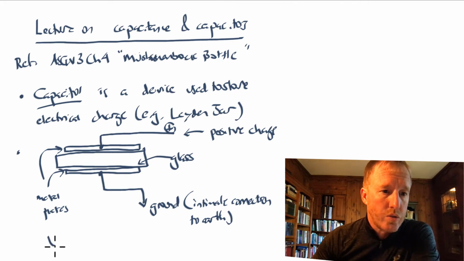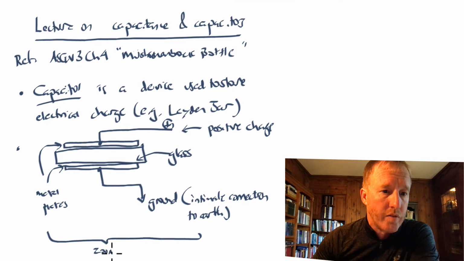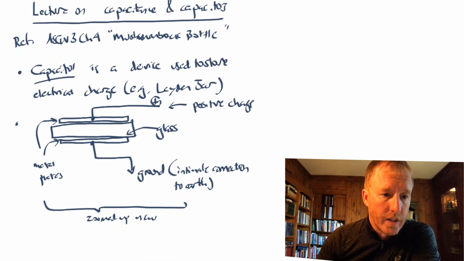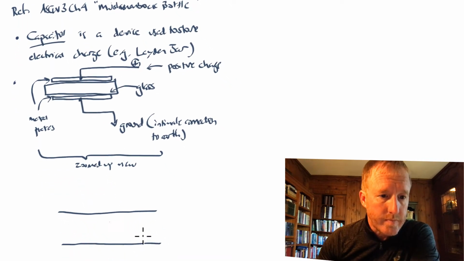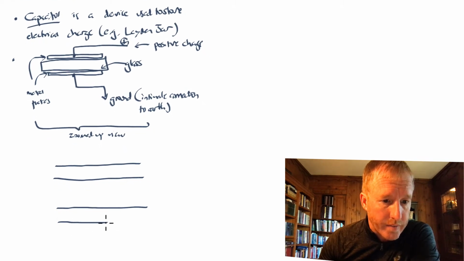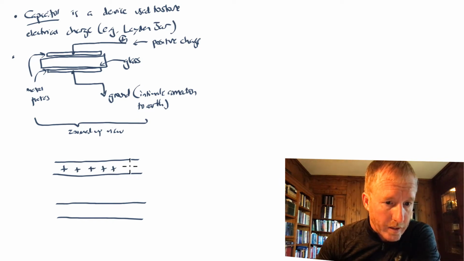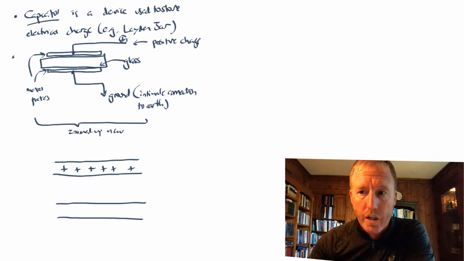So let's zoom in on this. This is a zoomed-in view that I'm going to draw now down here of what the glass looks like. So the metal plate on each side has charge. Let's say we have positive charge on the metal plate, and maybe I should color these in to make them more obvious.